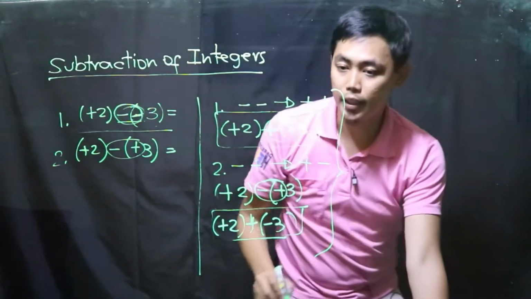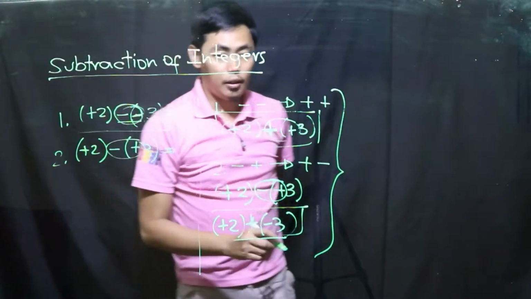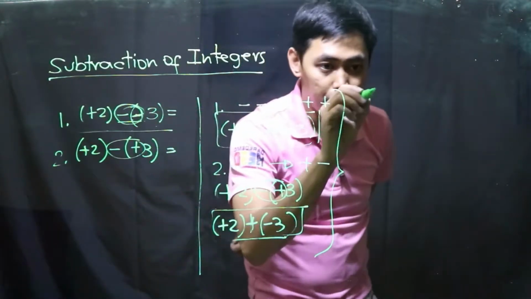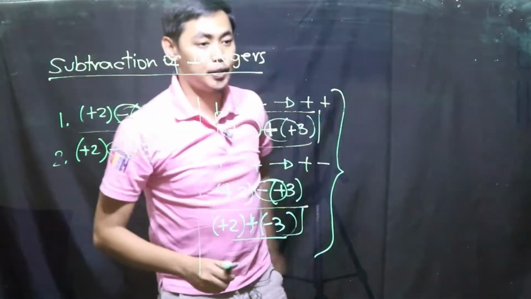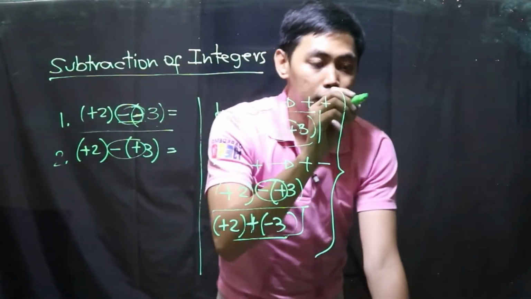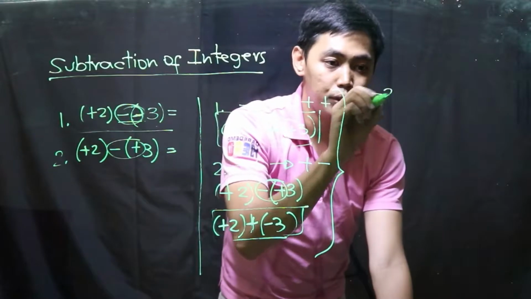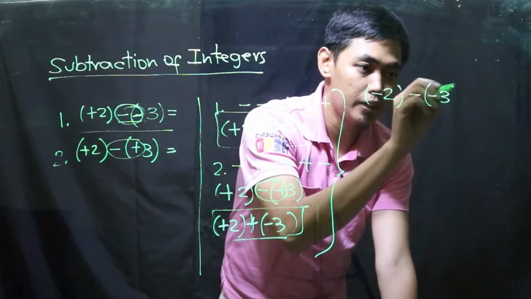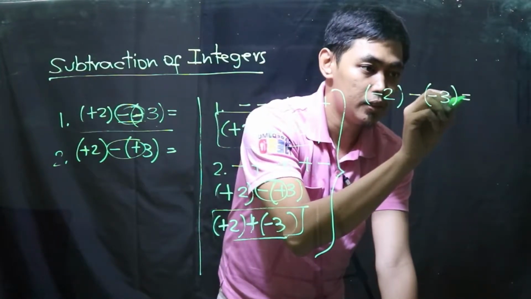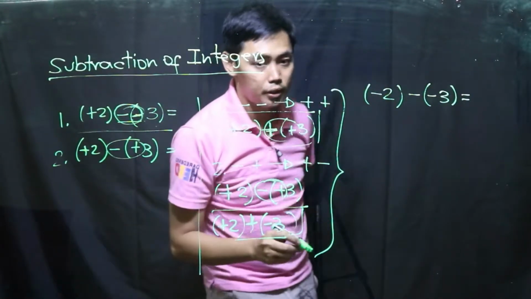So let's go ahead and proceed with the example. So let's have negative 2 minus negative 3. So how do we find the answer?